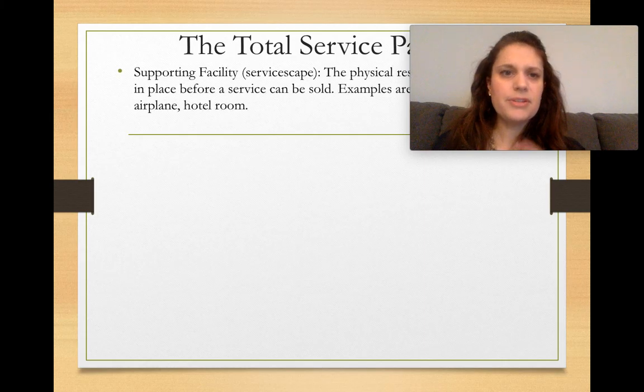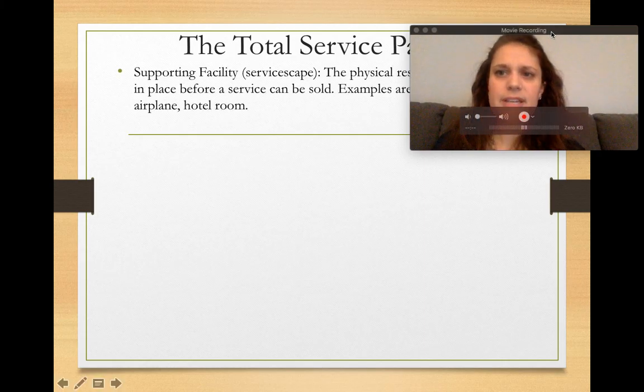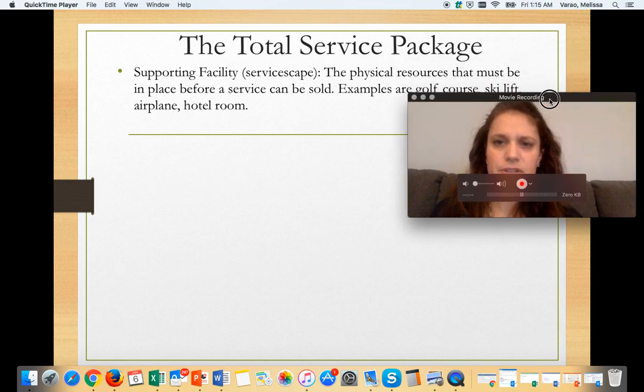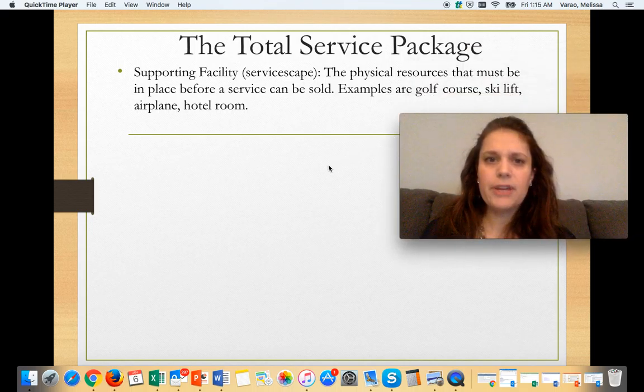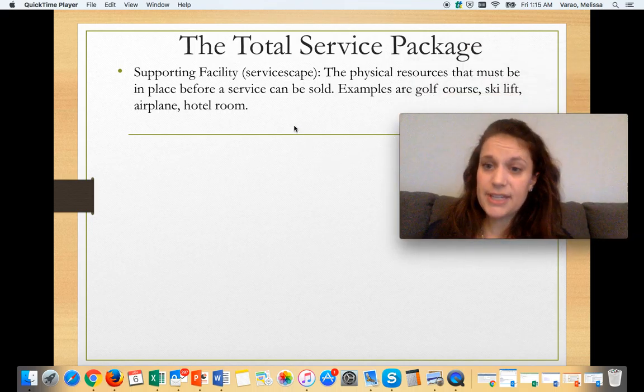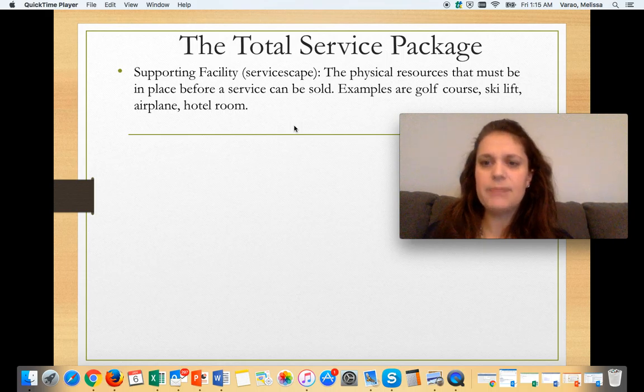So these are factors. I'm not going to go deep into each one of them. I want you to research them on your own. But the supporting facility, often called Servicescape, which we will get deep into in one of our modules down the road, we'll talk specifically about Servicescape. It's something I want you to keep in mind when you are doing your service audit, specifically when you're doing your secret shop.